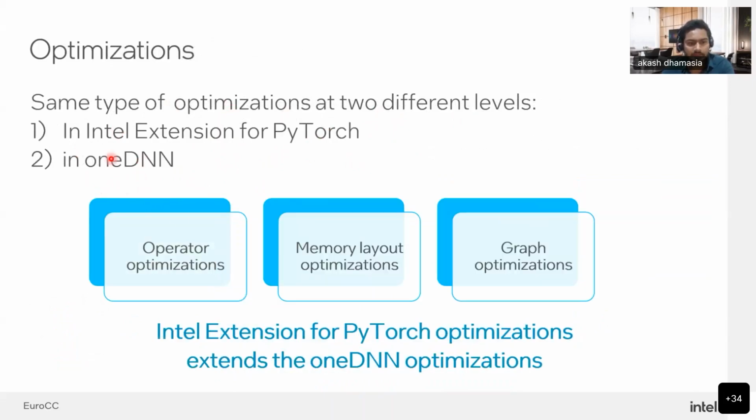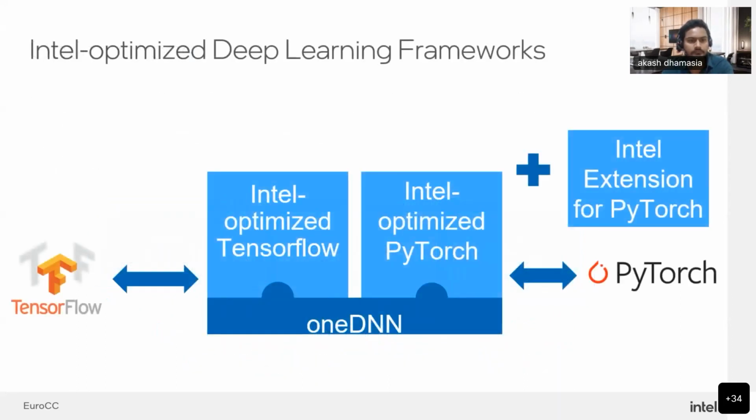These are the optimizations which oneDNN has, like operator optimizations, memory layout optimization, and graph optimizations. Using these kinds of optimizations, your application can become adaptable to the Intel architecture and become very fast in execution. I'm going to talk about all of that in the next slides.